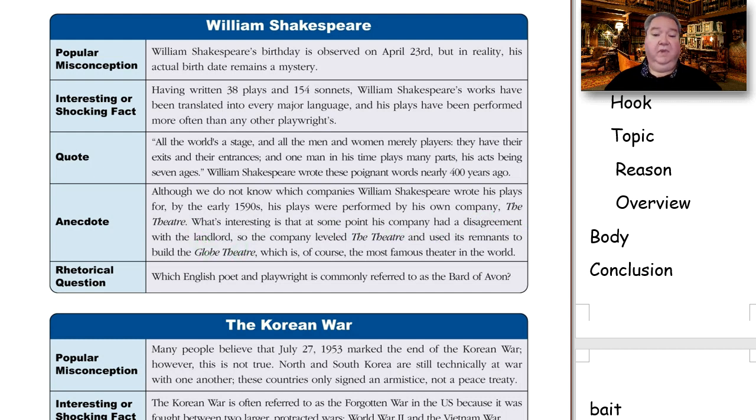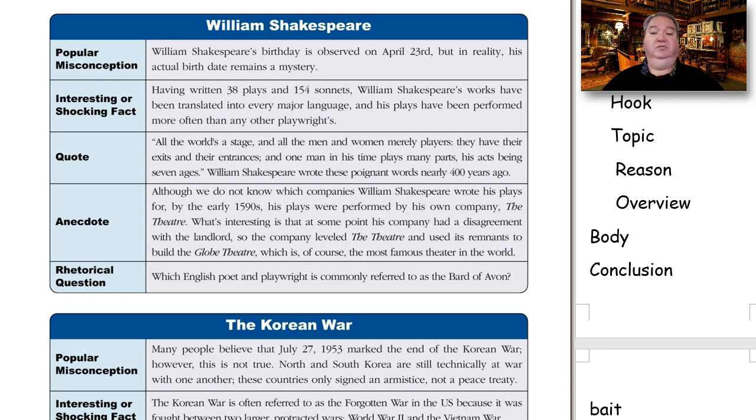So the company leveled the theater. They leveled it. They flattened it. They tore it down. They destroyed the building and used its remnants, its pieces, to build the Globe Theater, which is, of course, the most famous theater in the world. So they actually tore down the other theater, used the pieces from it to build the Globe, which is really, really famous.